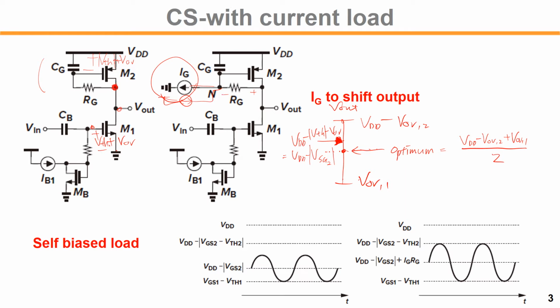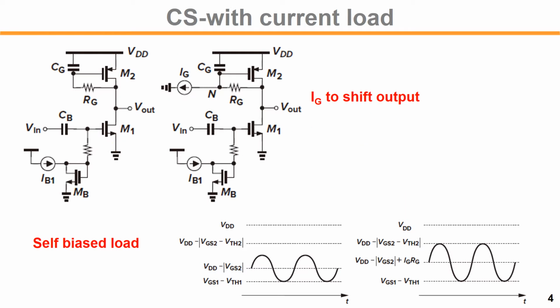So this IG creates a voltage drop over RG, IG times RG, so that we can shift up or down by the amount of IG current. IG can be a pull-down current or sometimes a pull-up current, depending on your output situation.